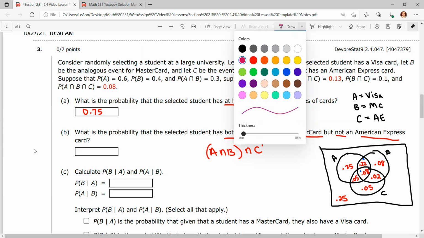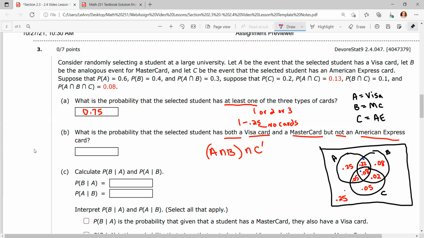Not C, sorry, I read it backwards. So not C would be this 0.25 up here, the 0.22, and the 0.08. Now, because we're connecting those with an intersection, we only want the place where we have both dots. So that's going to be the 0.22, because that's where they would overlap.